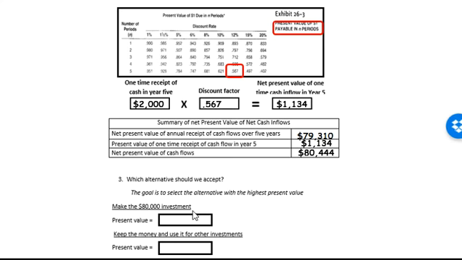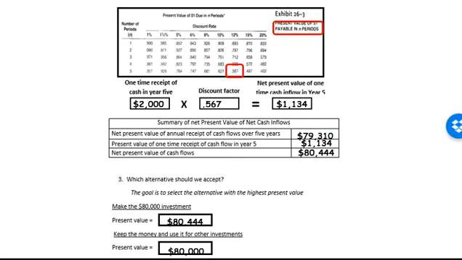So if we make the $80,000 investment, it's going to result in a present value of cash flows at 12% over 5 years equal to $80,444. If we decide to keep the money and use it for other investments, in other words, the money will be equal today to the value of what it is today, that'll be $80,000.